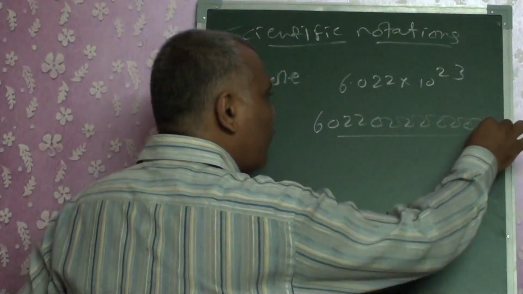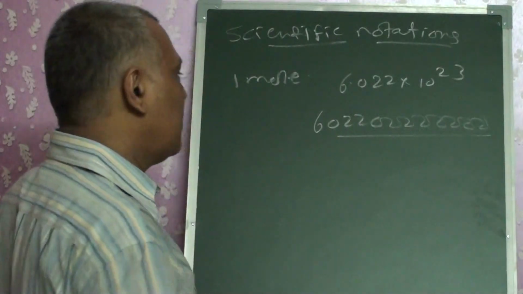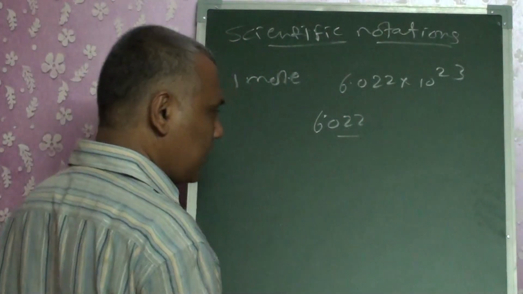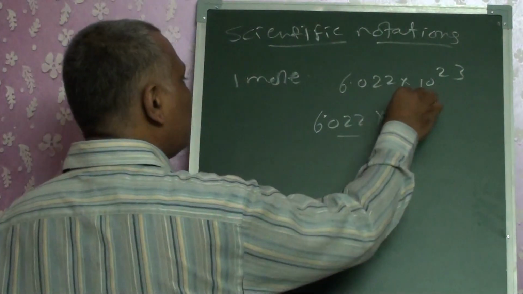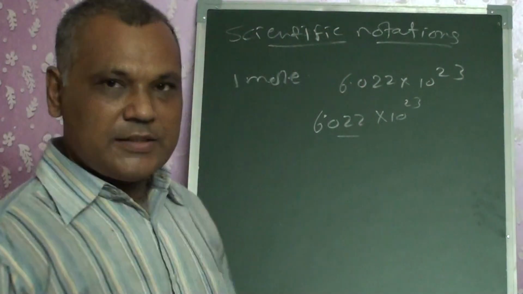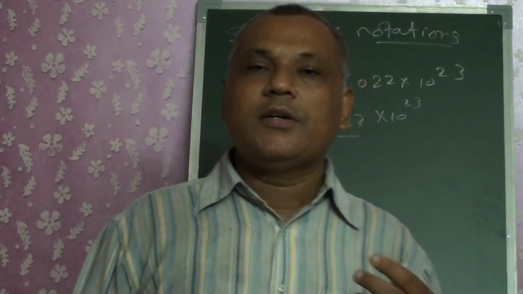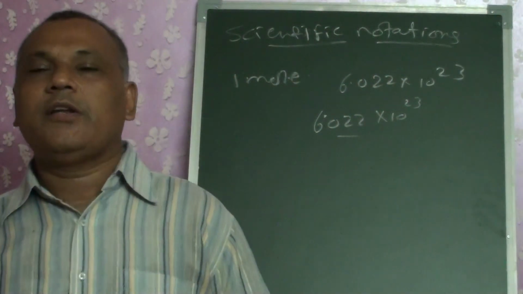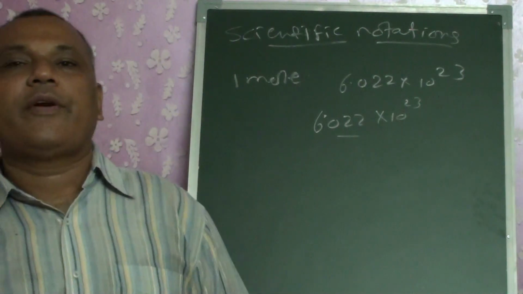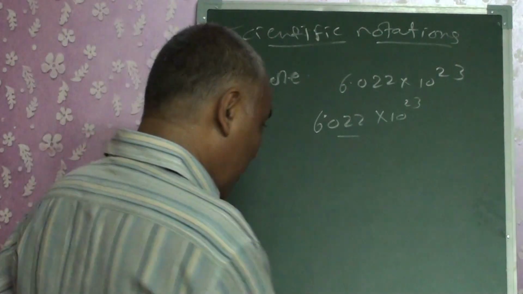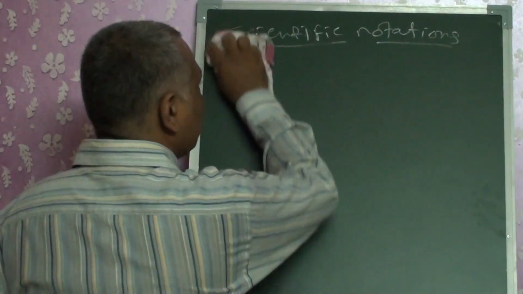So to avoid this type of error, the decimal was placed and it was converted to 10 raised to 23. This is the reason why we studied scientific notation, so that it becomes easier for us to write the answers. Right? Okay. Now this was about scientific notation.